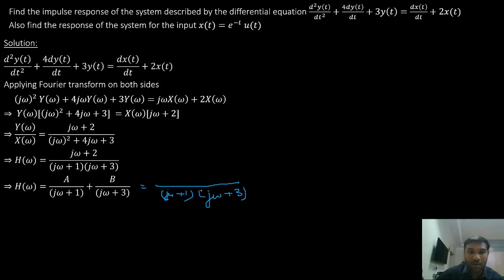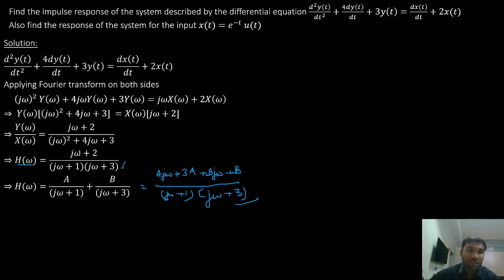This is my denominator, and my numerator is going to be A j omega plus 3A plus B j omega plus B, right? This is the expression if I take the LCM. Now my H of omega is equal to this, and my H of omega is equal to this. My denominator is the same in both cases. Now I'll equate the numerators.